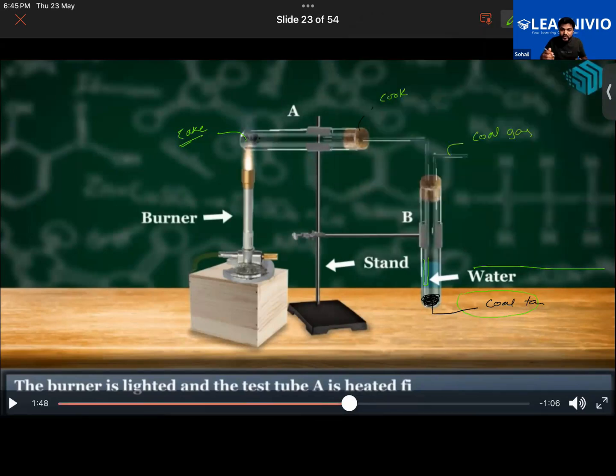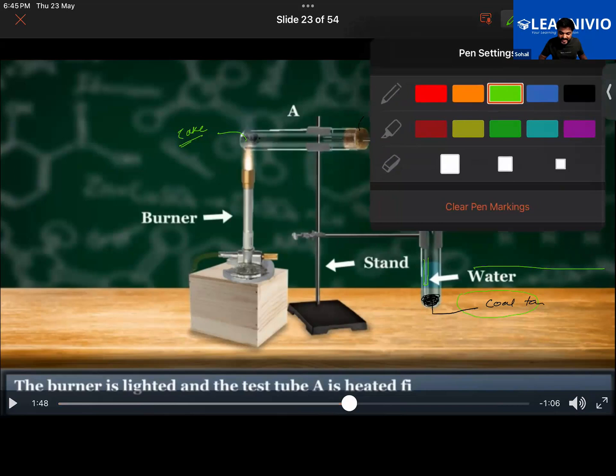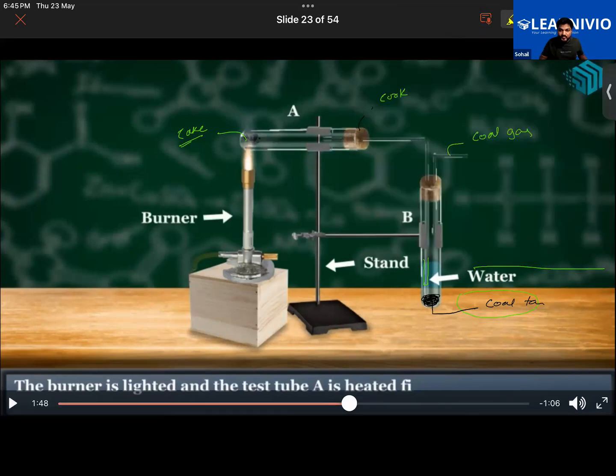Now, if you were to bring a matchstick near this, it will burn with a very dazzling flame. Suppose this is a matchstick.